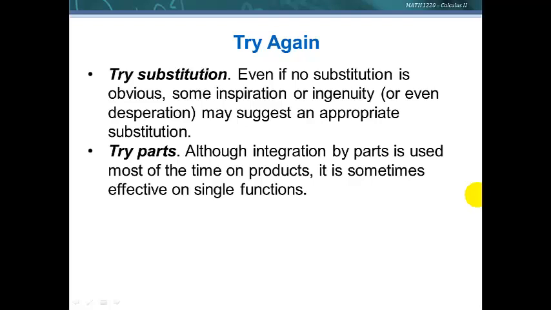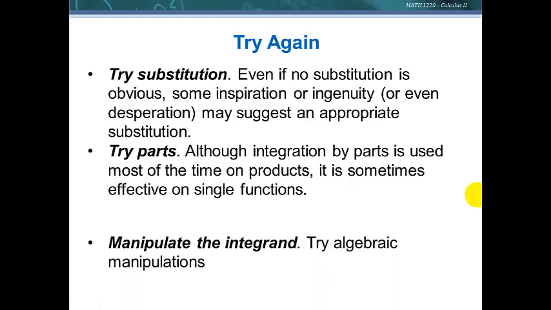Also, integration by parts doesn't have to be the product of two functions, and sometimes it'll work on single functions. Example, when we had the integral of ln x dx, that didn't look like integration by parts, but if we let u be ln x and dx be our dv, then the integration by parts worked.